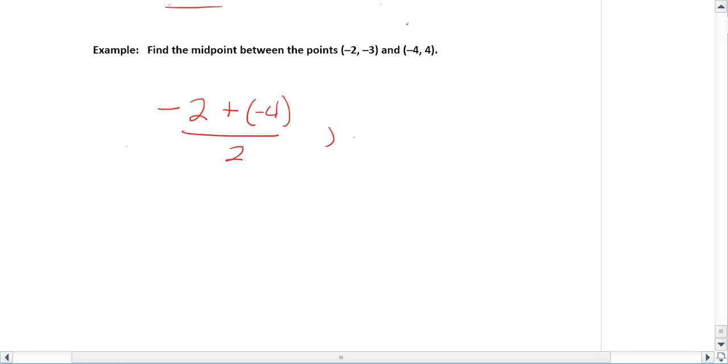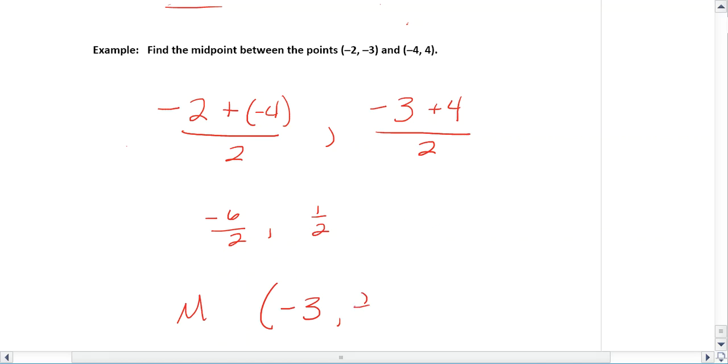And I'll just put a comma here to separate my x and y calculations. The y's are negative 3 plus 4, again, dividing by 2. So now doing the math, I get negative 6 over 2, comma, and I get 1/2 here. And this leaves me with the midpoint of negative 3, comma, 1/2.